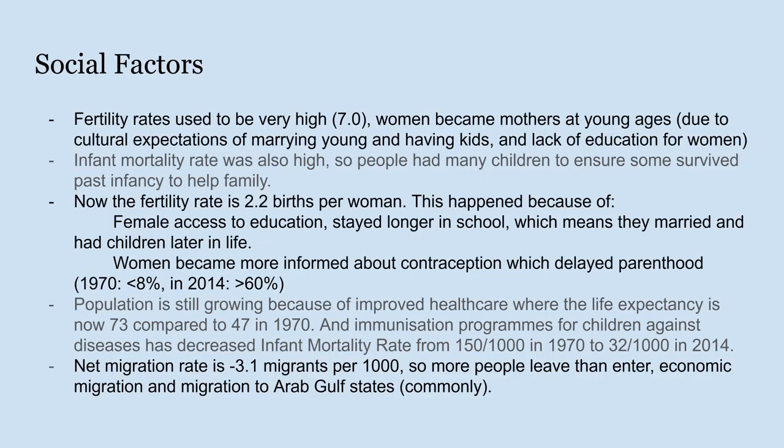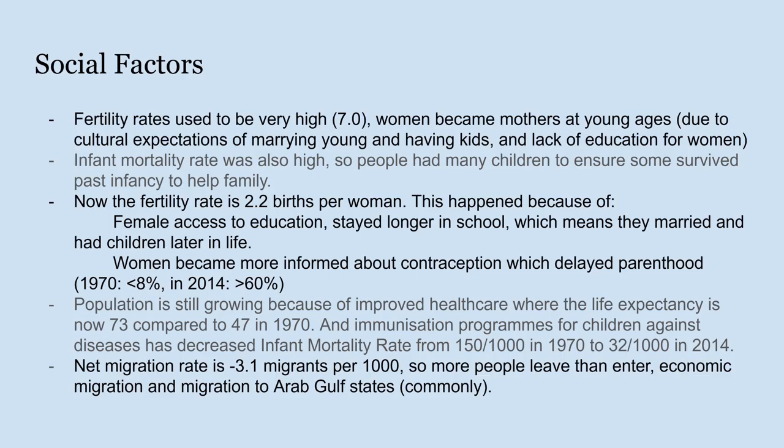Unfortunately, this topic just has a lot of numbers to remember. I don't even know if I'll remember them all. Anyway, net migration rate is negative 3.1 migrants per 1,000. So more people leave than enter, and the reasons for this are economic migration, commonly to Arab Gulf states.